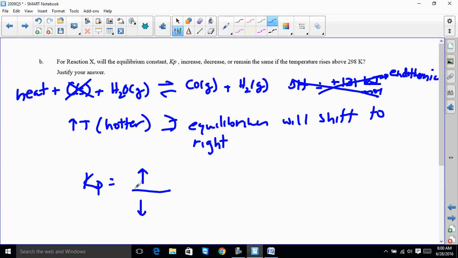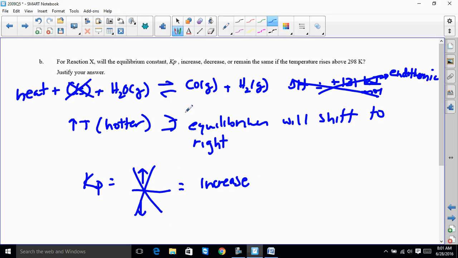Well, you have a bigger number in the numerator and a smaller number in the denominator, and both of these cause the equilibrium constant to increase, because the number in the numerator gets bigger, and then you're dividing by a smaller number, which also makes the answer bigger. And so that means the equilibrium constant would increase.